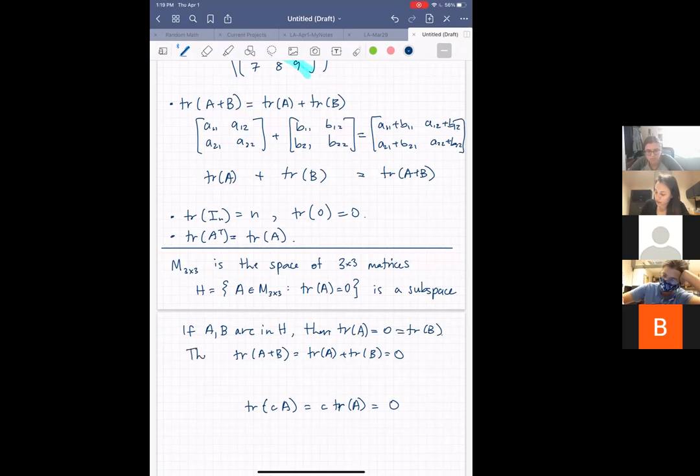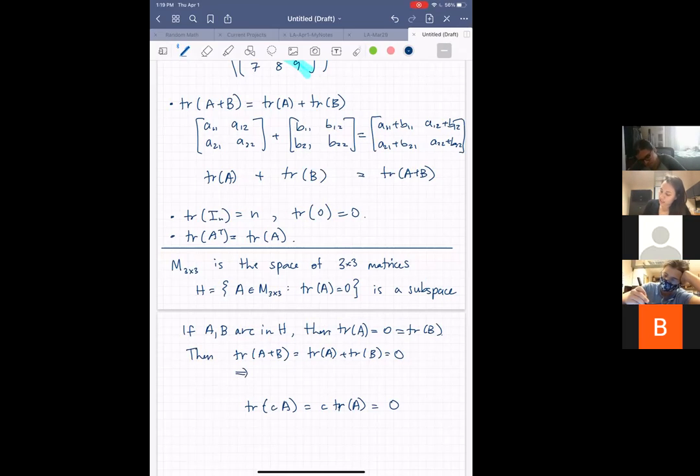Then if we consider A plus B, we want to know, is that in H as well? The trace of A plus B is the trace of A plus the trace of B. Both of those being 0 means the trace is 0.